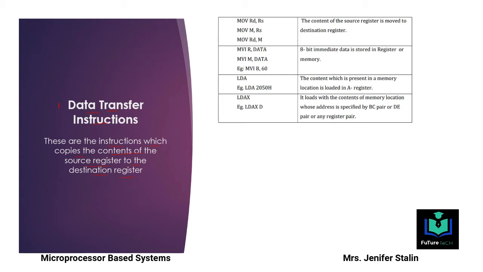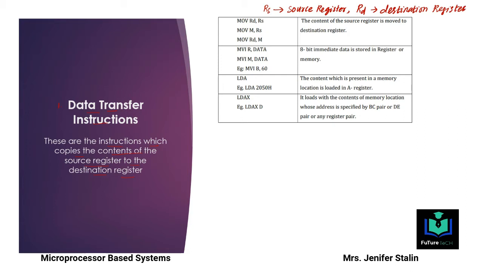Here is MOV RD, RS. RS specifies the source register, and RD specifies the destination register.